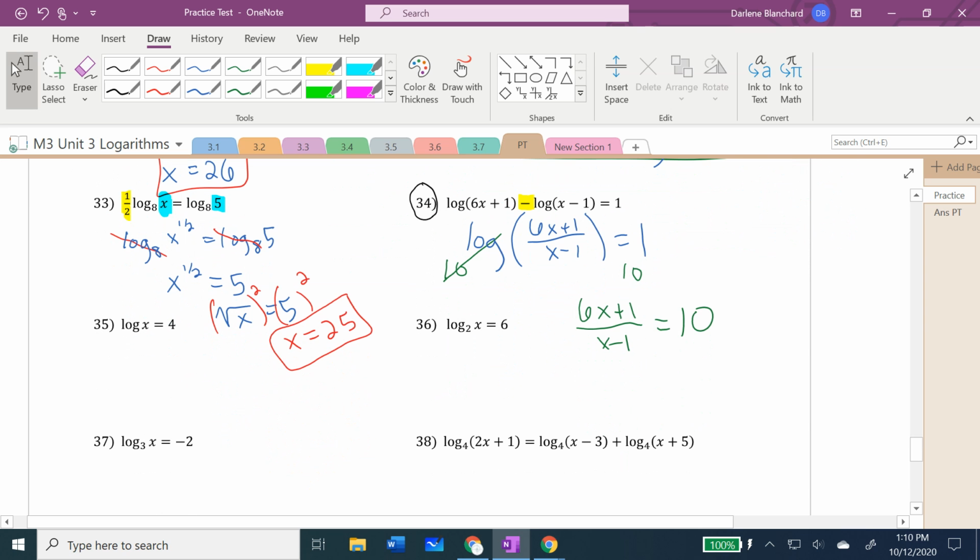Now, you've got to remember this tomorrow, because I tend to always find someone gets a little bit lost right here. When you see a denominator, you want to multiply both sides of the equation by that denominator. Know that that is your key to getting out. So I'm multiplying both sides by x minus 1.